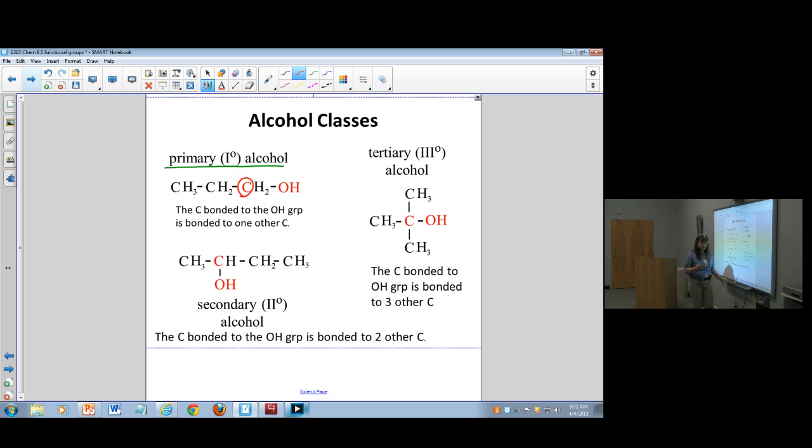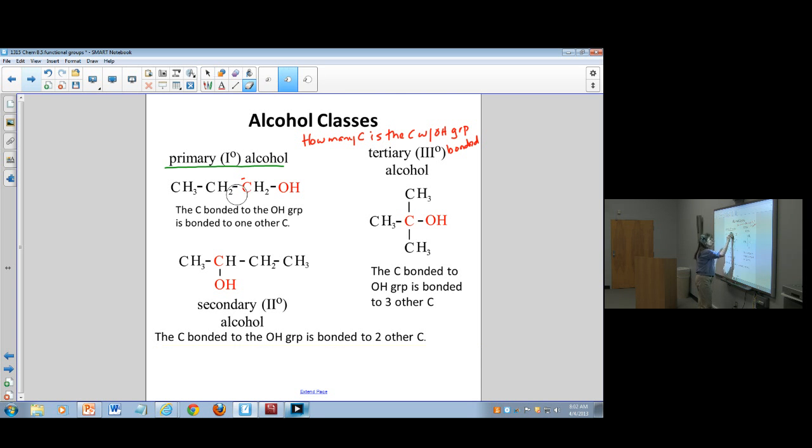And the question is, how many carbons is the carbon with the OH group bonded to? So we don't care. We're not looking at the OH or the alcohol group. We're looking at the carbon it's bonded to.